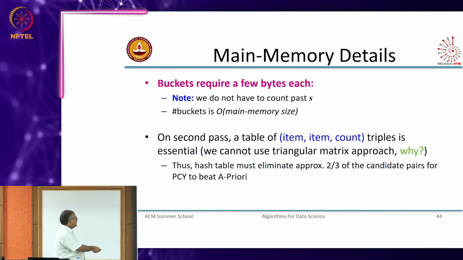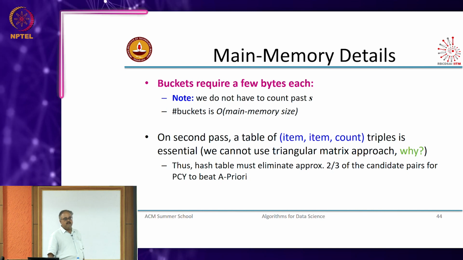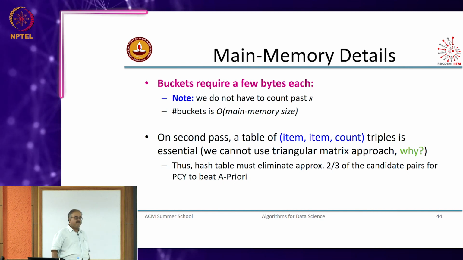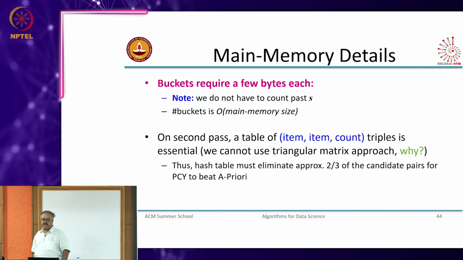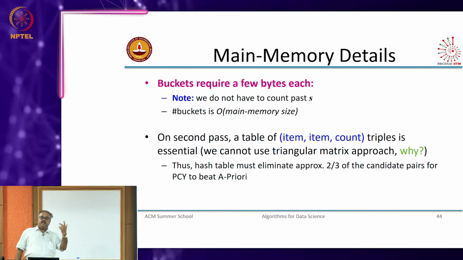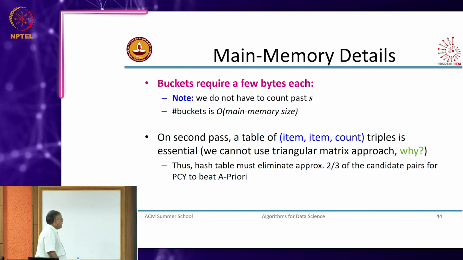So we don't want to use the triangular matrix approach. We have to use this item count table. Also, these items can be all over the place. Some items might appear many times as parts of various pairs. Some might appear just once in a frequent pair. We don't want to waste memory by allotting for that.